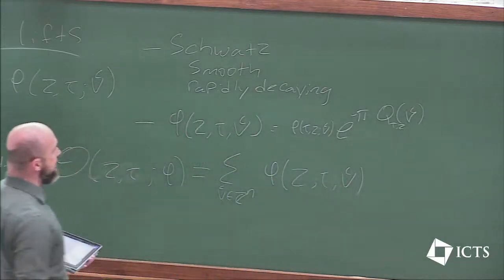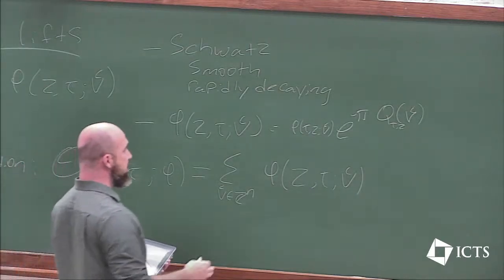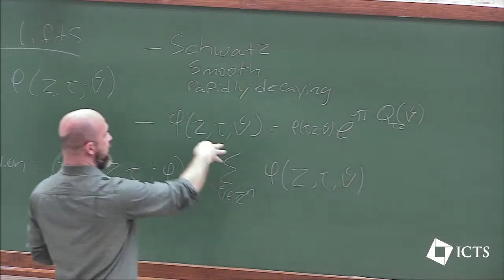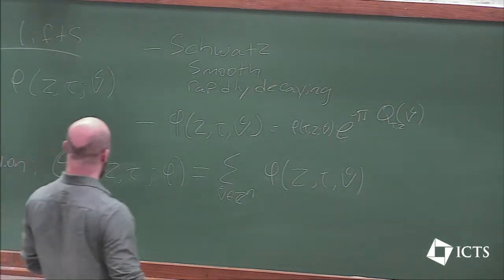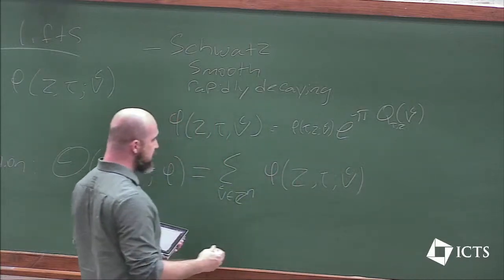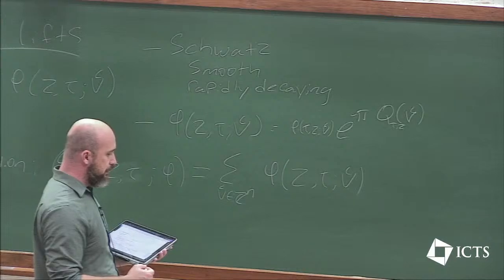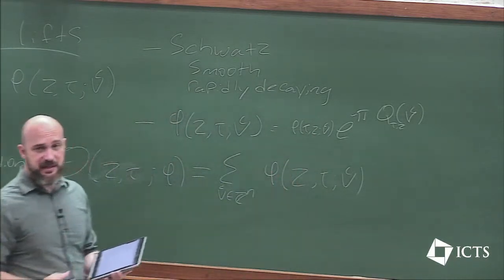This might be some simple function, maybe a polynomial in the terms that show up here, or maybe this has some kind of mollifying factor to make sure everything decays fast enough, but we generally want something like this. Usually for the theta lifts that we're going to work with, these are relatively simple.